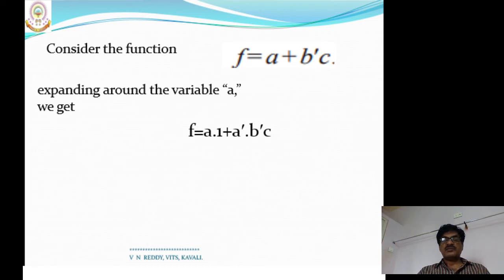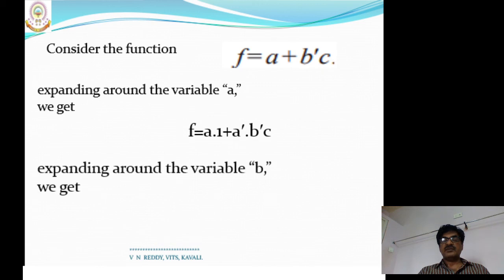Now I have to expand the function with another variable. I am taking b as the other variable. If I expand with reference to b, the function becomes like this. This is the b involved term. Taking a bar as common, b dot 0 plus b dash c, so that it is totally equal to the original function f equal to a plus b dash c.